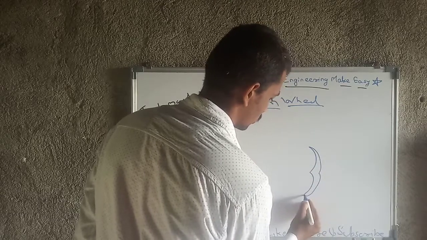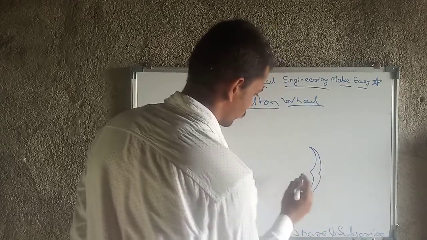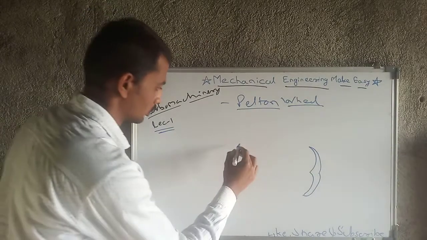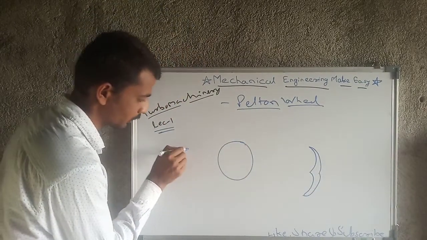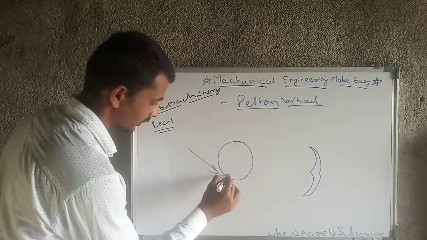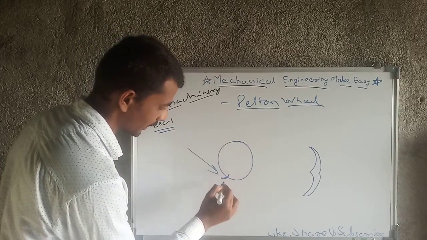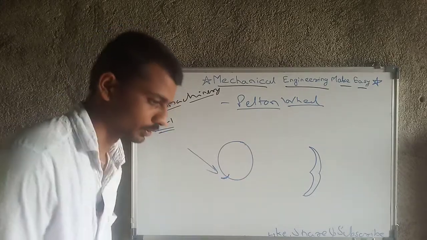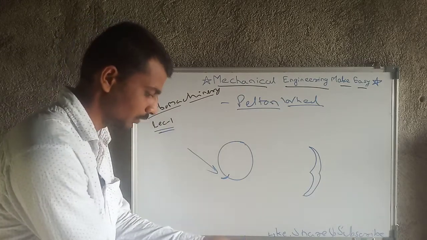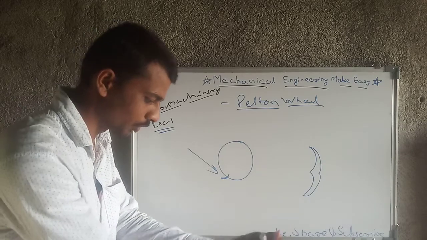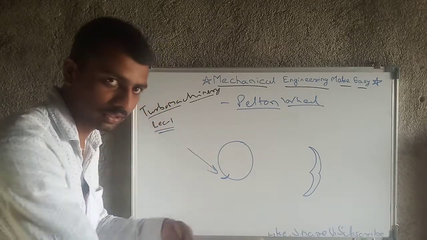Okay, what happens? The wheel is like this and the water goes like this. Here the bucket is, and that bucket has a shape like this. The water will pour here, and because of that the runner will run.